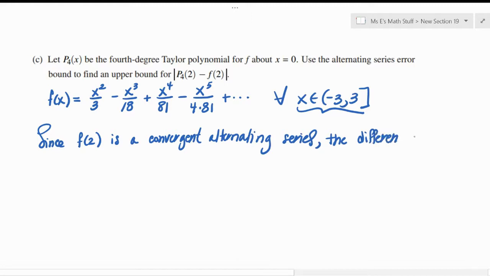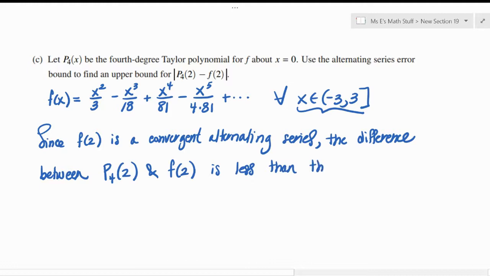The difference between the fourth degree Taylor polynomial approximation at 2 and the actual value of f of 2 is less than, you could say the absolute value, or you could say the magnitude of the first, that's right, neglected term.